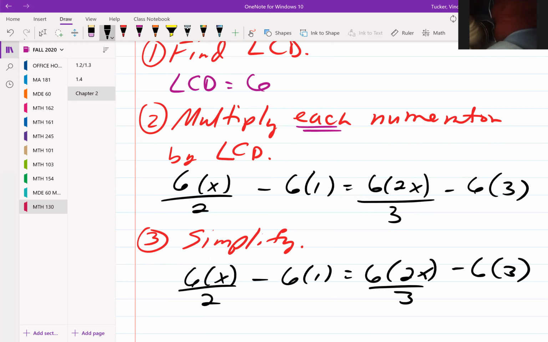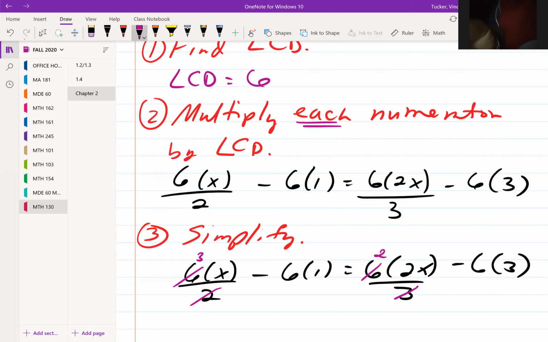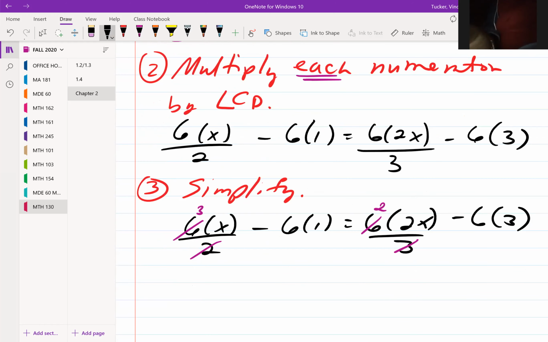So I just rewrote that. 2 will divide into 6 and leave you with 3. 3 divides into 6 and leaves you with 2. And that's what you need to happen in order to be able to reduce, and then have a regular equation with no fractions at all.